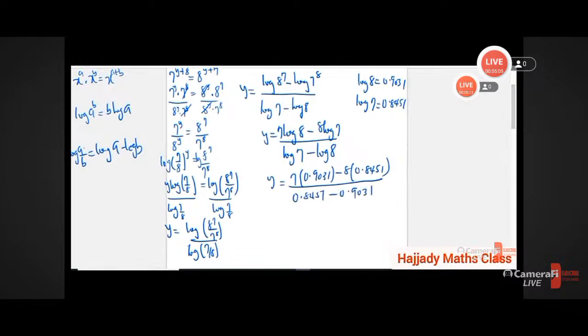Solving this, my numerator is going to give me minus 0.4391 over minus 0.058. So finally, I can say that my y is approximately going to be 7.571. So this is my final answer.